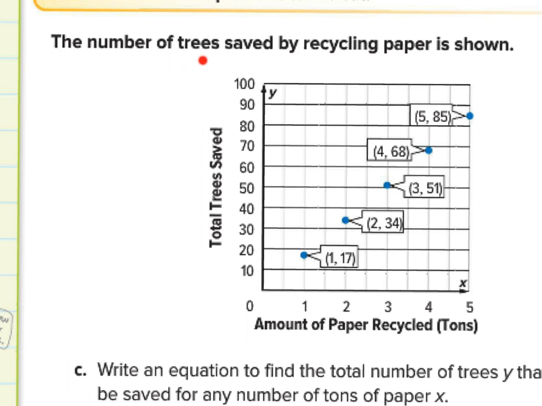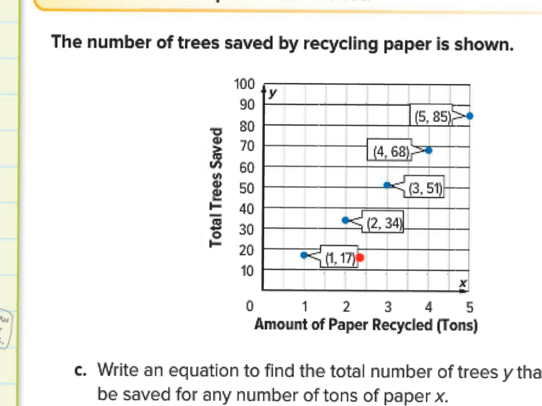This is the number of trees saved by recycling paper, okay? And we have, on our y-axis, the total trees saved, and along our x-axis, our domain is amount of paper recycled. In tons is our unit, okay? And this is number of trees. And we see if we save 1 ton, we're going to save 17 trees. 2 tons, 34 trees. 3 tons, 51.